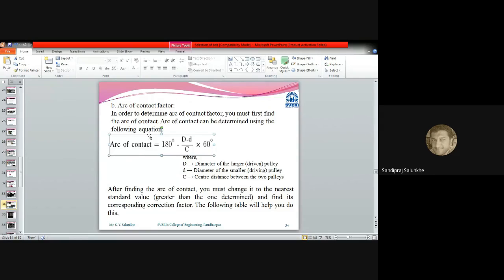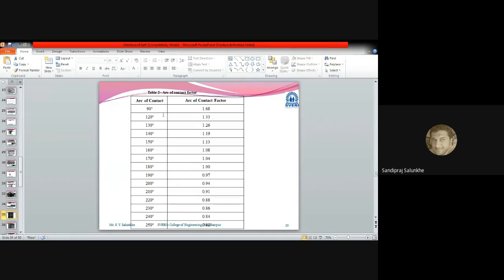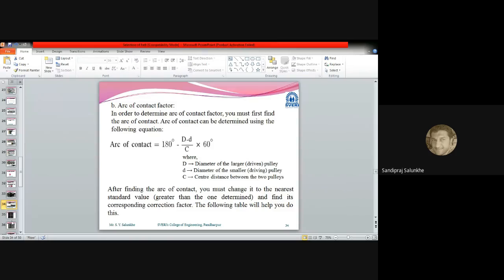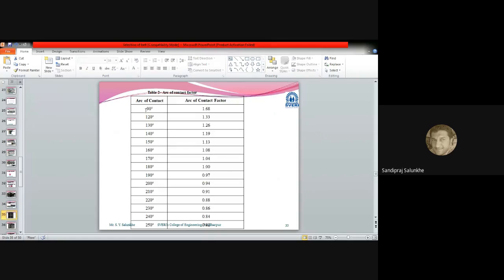Now, once you get this arc of contact, then depending upon it, the factor is mentioned in this table. Now, suppose we get the arc of contact value as 110 degrees, then it is not mentioned in the table. What can we do? We have to go to the nearest higher value.